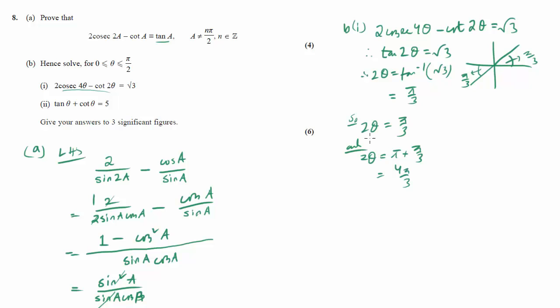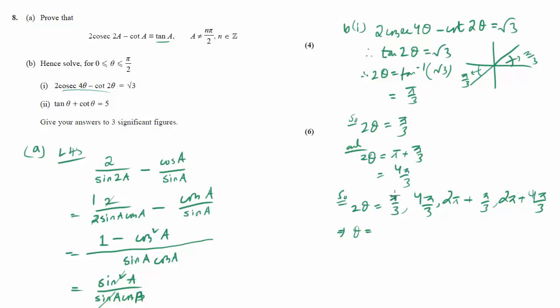But since this is a multiple angle, we have to do 2 more. So the first one is pi by 3, the second one is 4 pi by 3, and then we have 360 plus, that means 2 pi plus pi by 3 and 2 pi plus 4 pi by 3. Now we can simplify this.